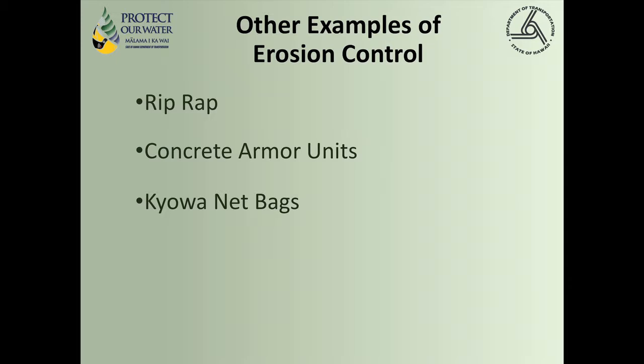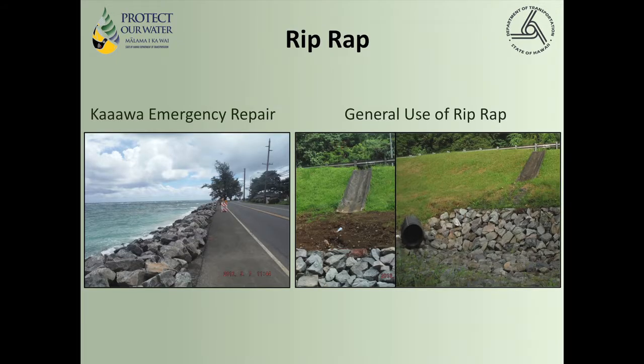Other examples of erosion control. Riprap. A lot of times we would put it at the outfall to keep the ground from scouring out. This is Kaaba on the left side, where Cam Highway was getting eaten away by the surf. They came out and they put a lot of riprap there.